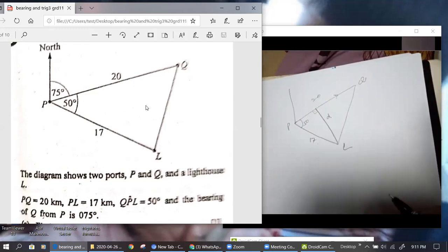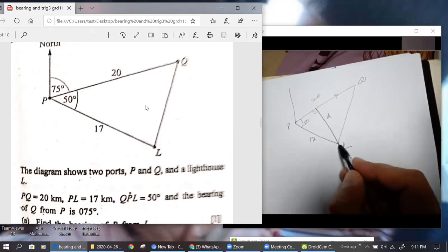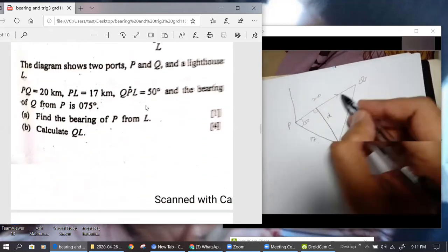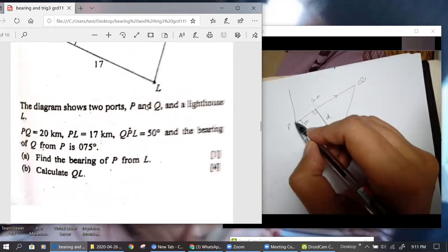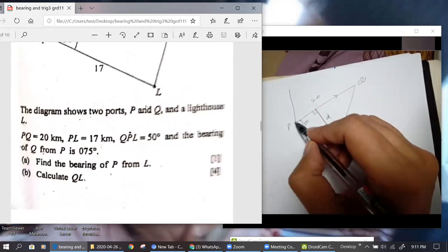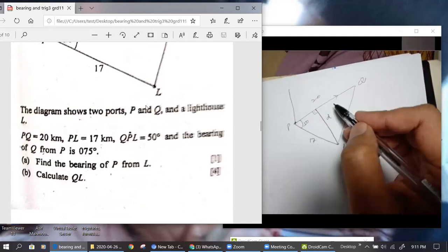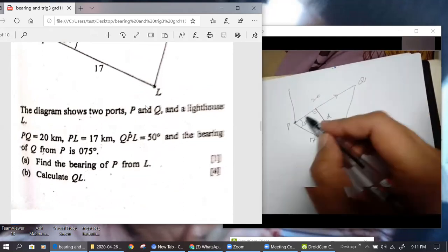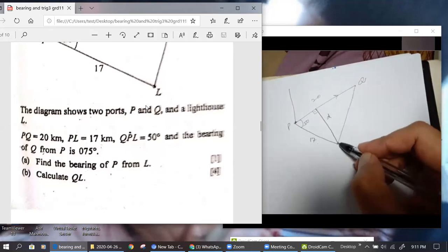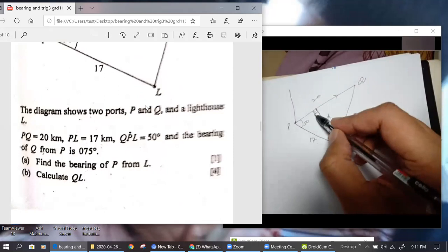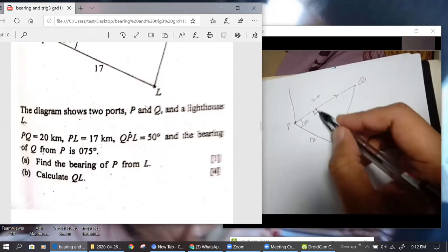We already saw in the question wording that the boat is going from P to Q. So if the boat is going P to Q and the lighthouse is here, the shortest distance is at 90 degrees. So you will use this angle and this hypotenuse. So is it opposite over hypotenuse? So what will you use?